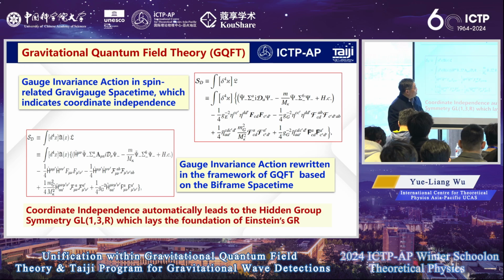So then you will ask, if we use the graphic gauge field as the basic gravitational field, how could we derive the Einstein equation? We know the Einstein equation, general relativity, is well established and tested by experiment. So we have to derive it.